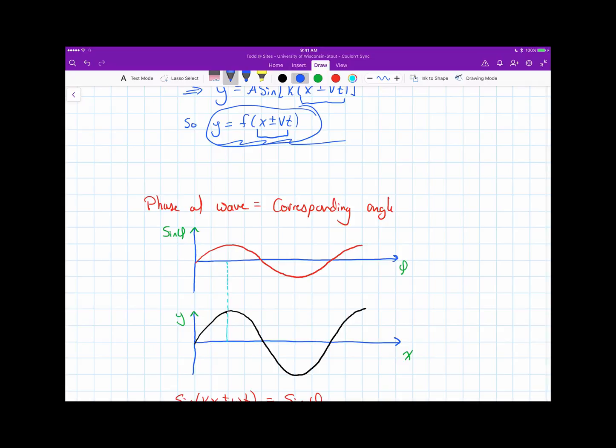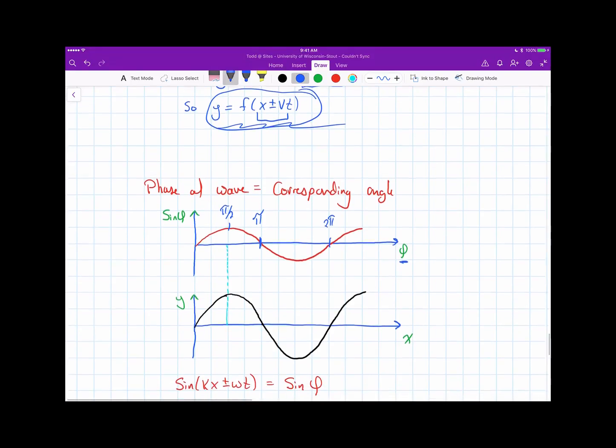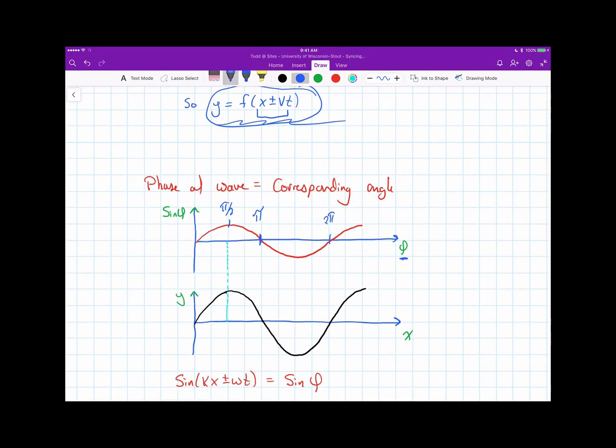A couple other things, the phase of the wave. Since we're dealing with sines and cosines, one way to sketch these things out is in terms of an angle. And we know how this thing looks, in other words, this would be pi, this would be 2 pi, this would be pi over 2, and so on. And so what we do is we take a look at our spatial wave, and we then just line it up, and we say, well, this point right here corresponds to the peak here, which corresponds to an angle of pi over 2.